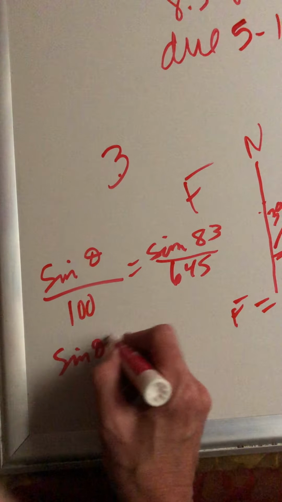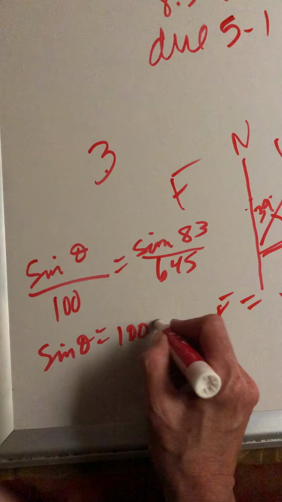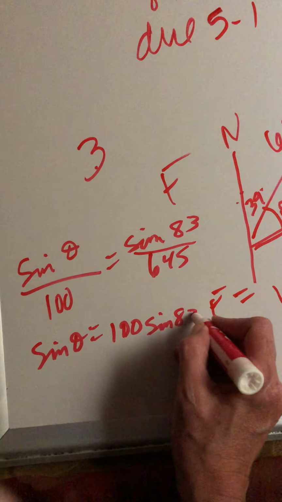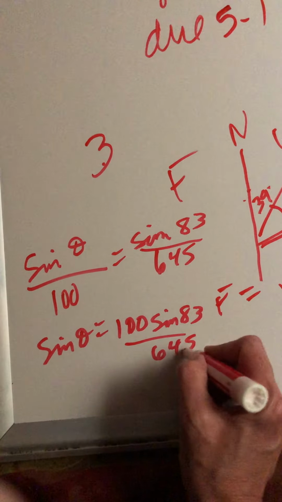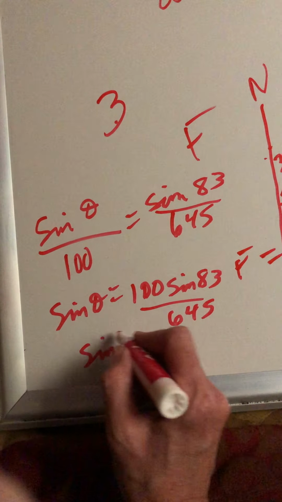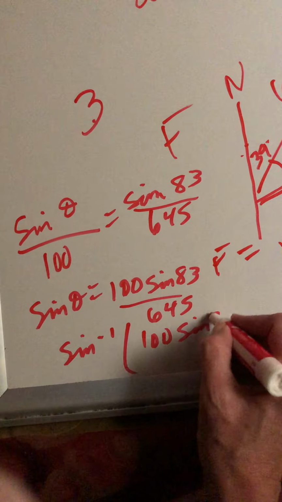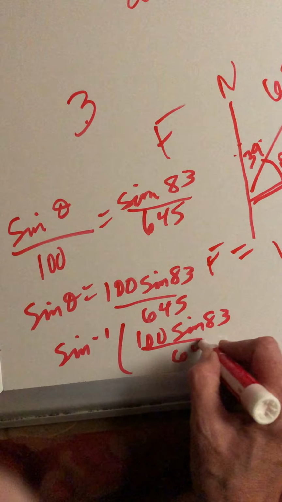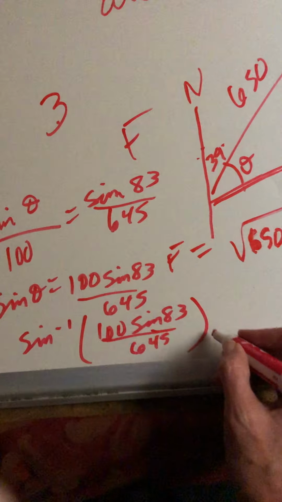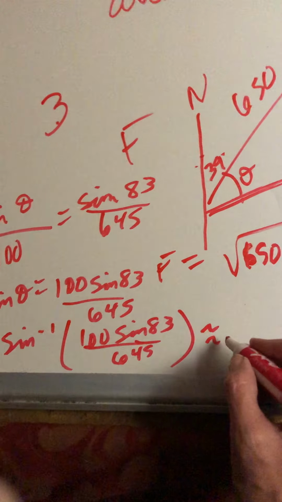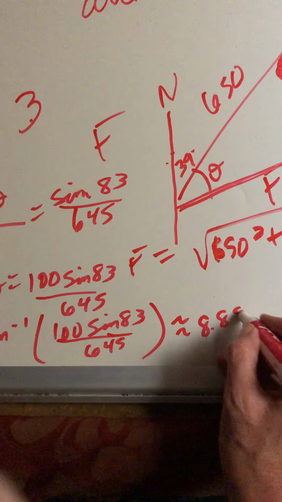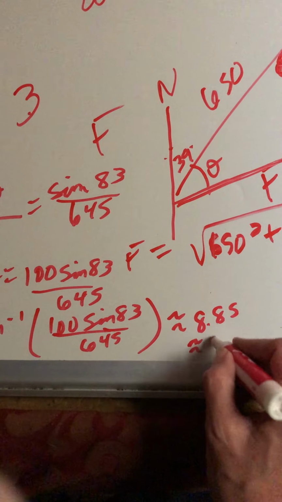So the sine of theta, you move the 100 over, so 100 sine 83 over 645, and then you've got to do the inverse sine. So when you do the inverse sine of 100 sine 83 over 645, you get something like 8.85, which is about 9.